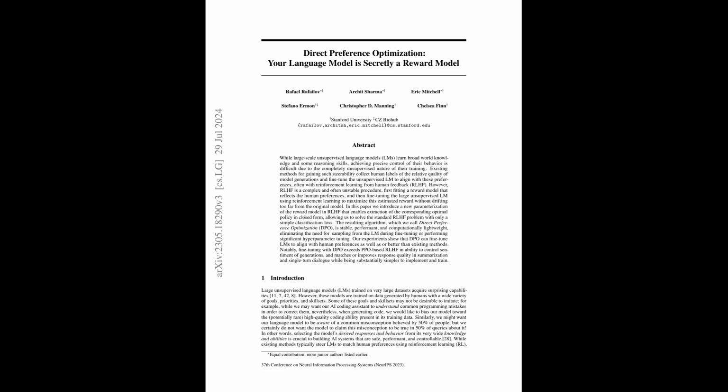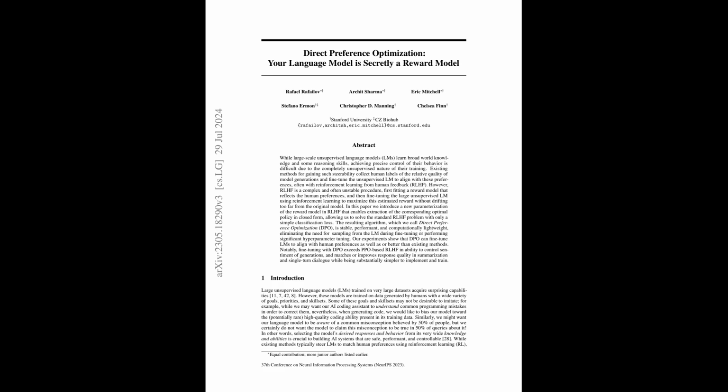DPO solves the same optimization problem but arrives at the solution through a direct classification loss rather than through the RL detour. The only practical gap is that DPO works with a fixed offline dataset, while PPO-based RLHF can sample new responses during training, which could matter if the preference data doesn't adequately cover the policy's output distribution.